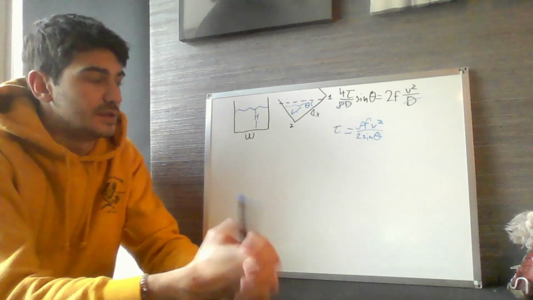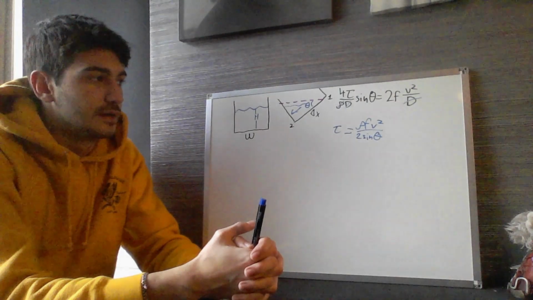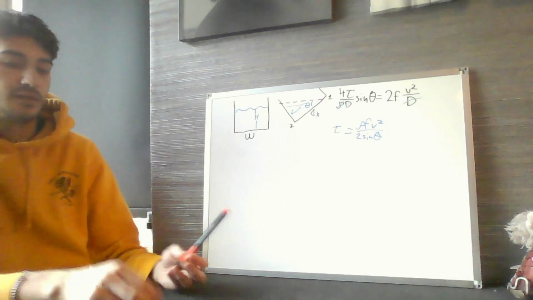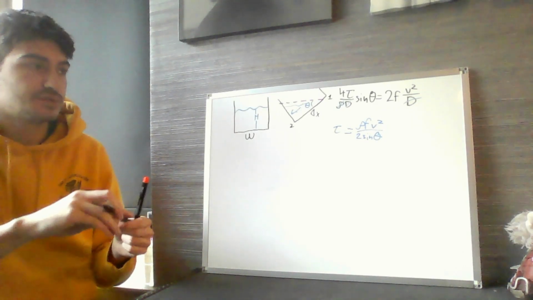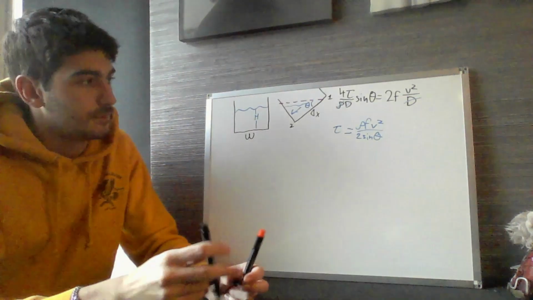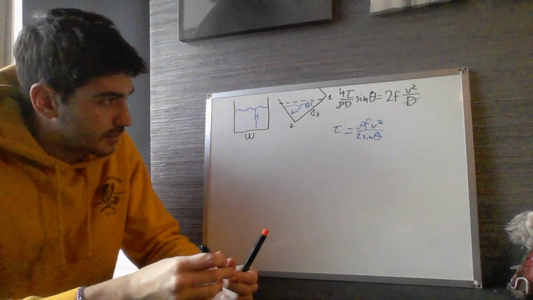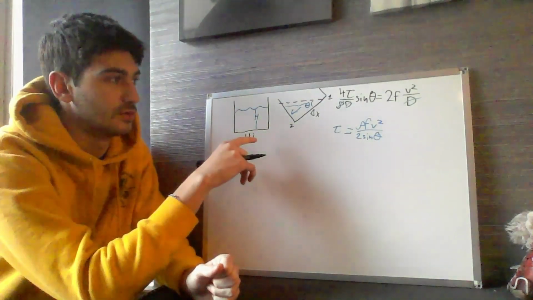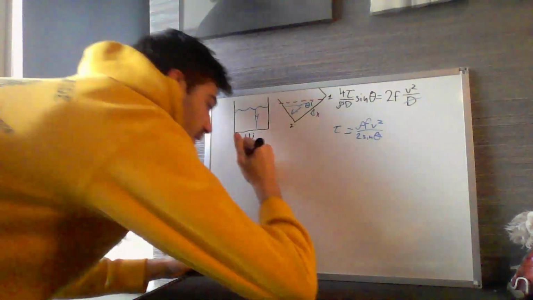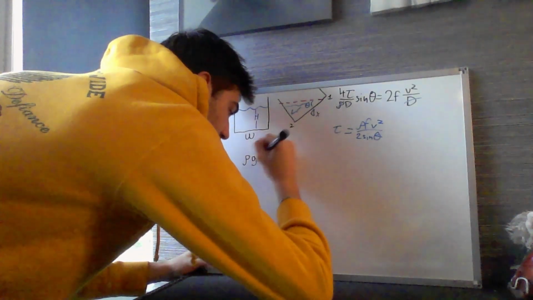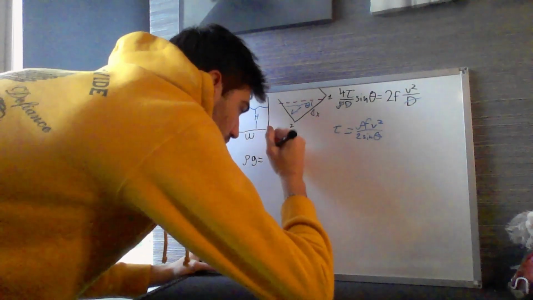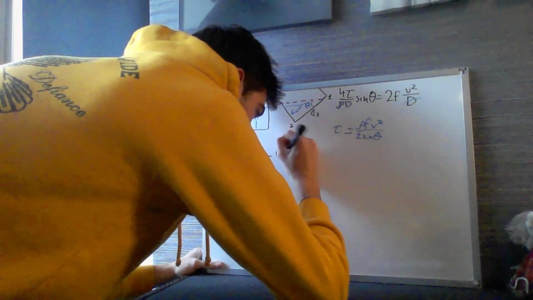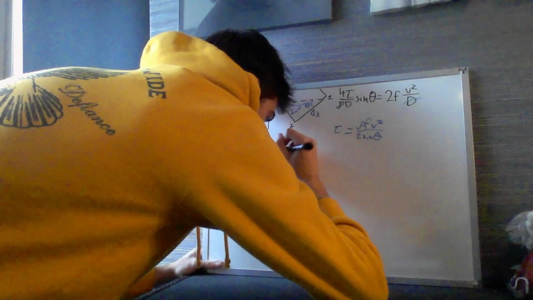So the next step here is to go ahead and plug. As you can see, we still have some issues here. I shouldn't have erased that. Okay, because we had to plug this back into the expression. If you may recall, we had rho G is equal to the shear stress multiplied by the wetted perimeter divided by area.